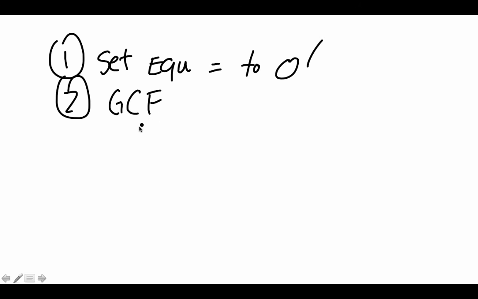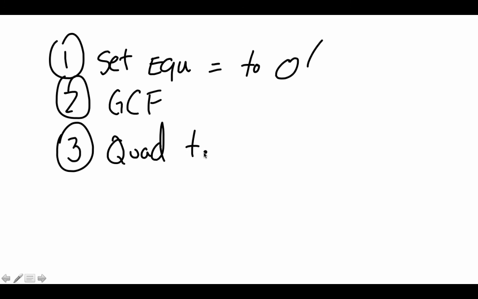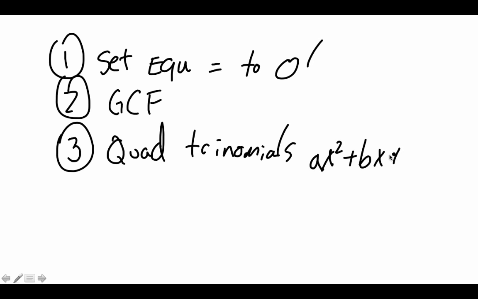Pull that factor out because we can't get rid of solutions that might be there. 3, look for quadratic trinomials that factor. So that's the ax squared plus bx plus c. Look to see if those factor, and that'll let you solve equations.